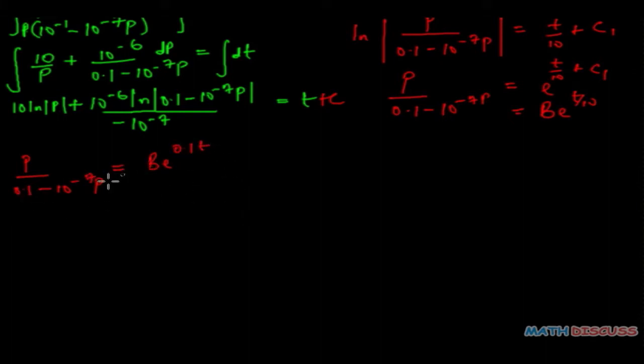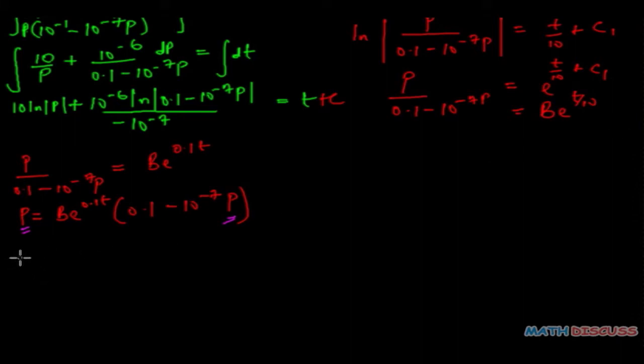Now we cross multiply, so P equals b e to the power 0.1t times (0.1 minus 10 to the power negative 7 P). Next we want to make P the subject of the equation, so we bring all the P's to one side.